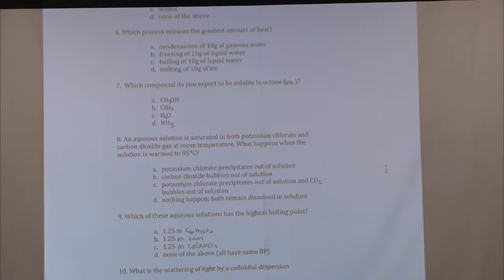So since we know CO2 is a gas and we have carbon dioxide in the aqueous solution, then if we're going to warm up that solution, that's going to come out. But potassium chlorate will just stay in the solution. So nothing's going to happen to that. So the answer choice that is correct would be B. Carbon dioxide bubbles out of solution.